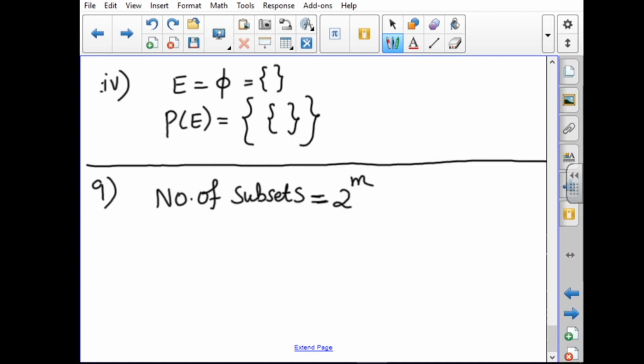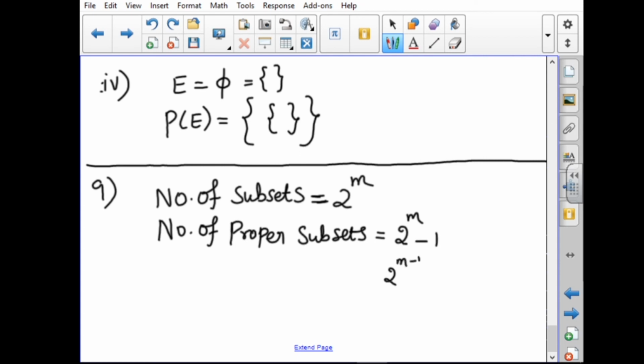Then number of proper subsets is equal to 2 power m minus 1. Don't write it as 2 power m, minus 1 in the power. That is wrong. This is the correct way: 2 power m minus 1.